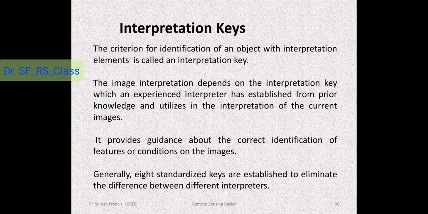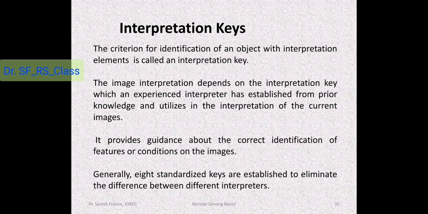And let us come up from the interpretation elements. We will be able to define some interpretation keys which will guide us in identifying features or conditions of the image, so that the interpreter will have a baseline on which he can interpret the image.